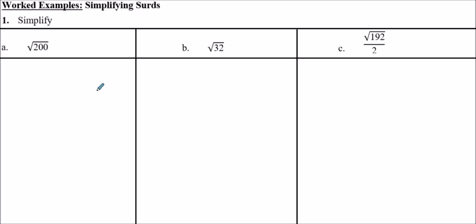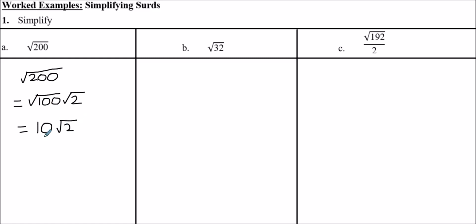And so we can just rewrite for a second root 200 as root 100 multiplied by root 2. We'll leave root 2 as it is, and the square root we just simply square root. So square root of 100 is 10.